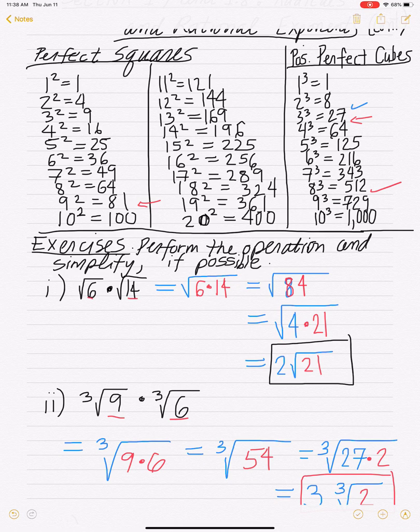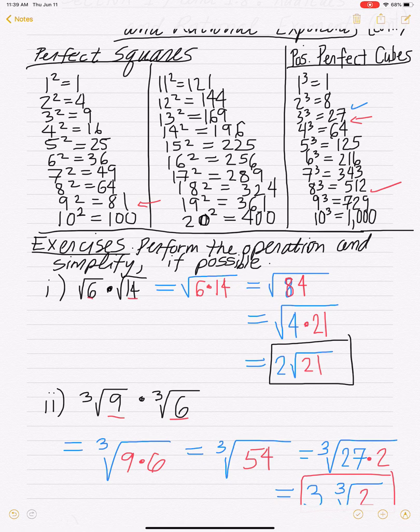No. Is 686 divisible by 27? No. Is 686 divisible by 64? No.